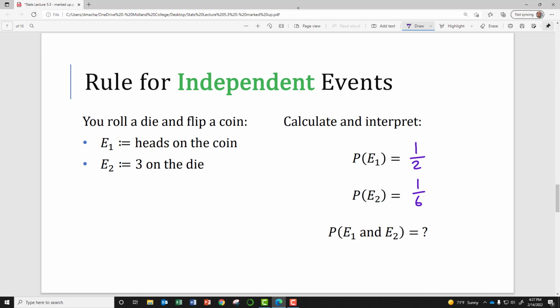So these are both theoretical probabilities. Well, the probability of getting a success, both flipping heads on the coin and getting a 3 on the die, that's just going to be 1/2 times 1/6, according to my multiplication rule. So this is going to be 1 out of 12 as the fractional probability.